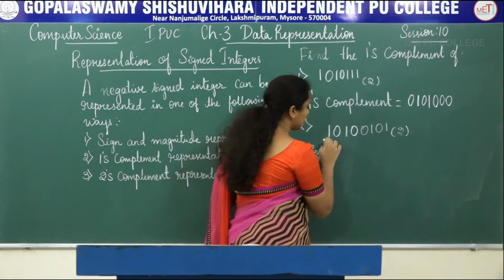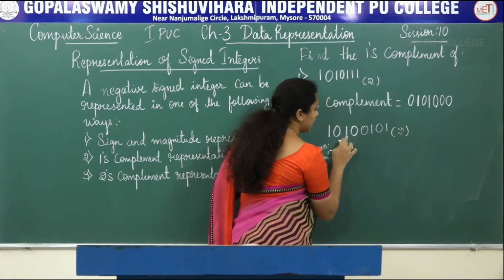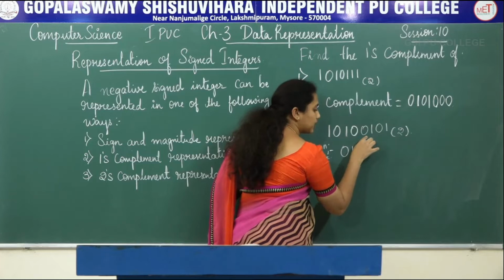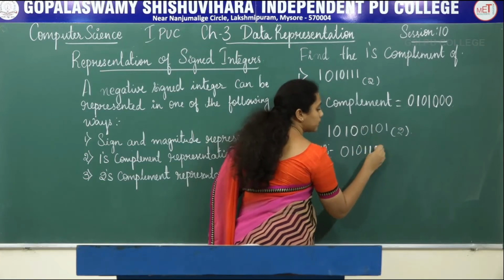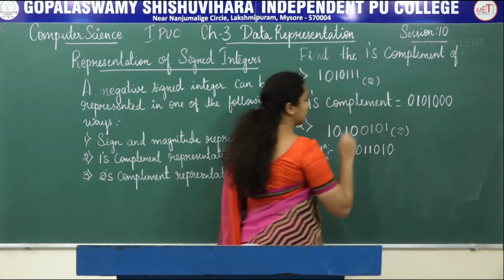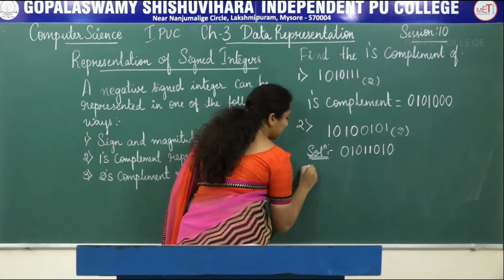So here 1 is there, so you have to write 0, change it to 1, change this to 1, change it to 0, change it to 1 and change it to 0. This is a very simple representation.